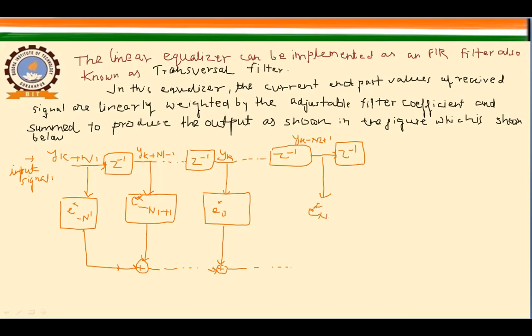The value of this signal N2 minus 1, and it is again the sum of it, goes to the next one.